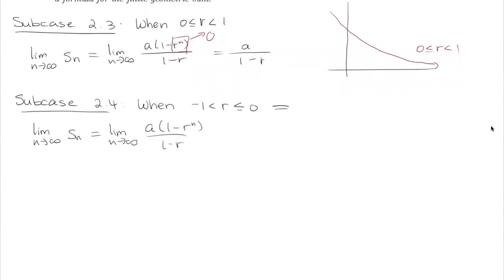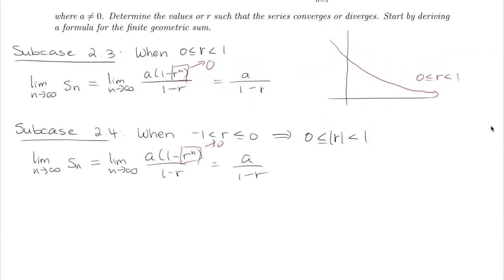Actually, I could also write this as 0 less than or equal to the absolute value of r less than 1. And because of that, from the previous subcase, r to the power of n is going to go to 0. So this value goes to 0, and what we're left with is just a divided by 1 minus r.